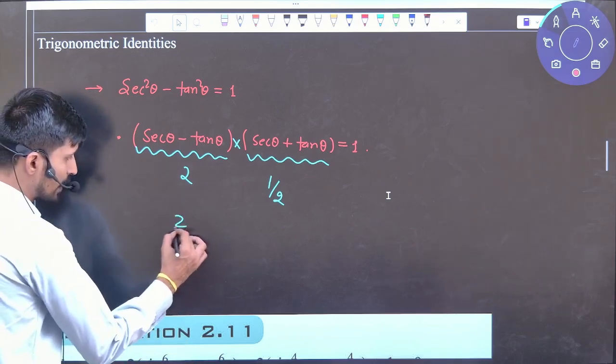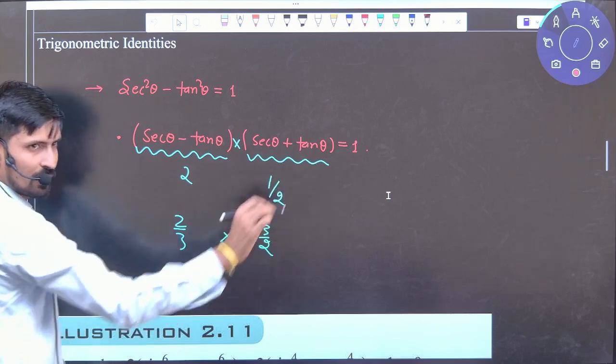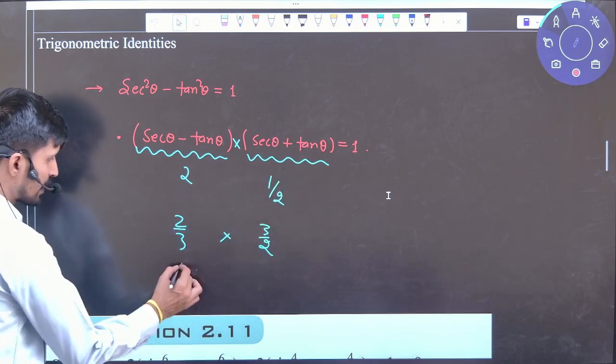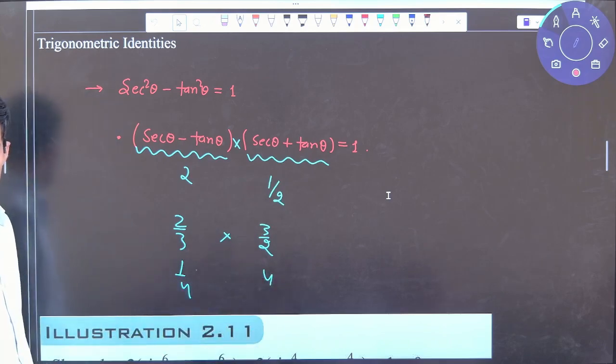If this number is 2 by 3, what will that number be? 3 by 2. Then only the product will be 1. If this number is 1 by 4, that number will be 4. Yes or no?